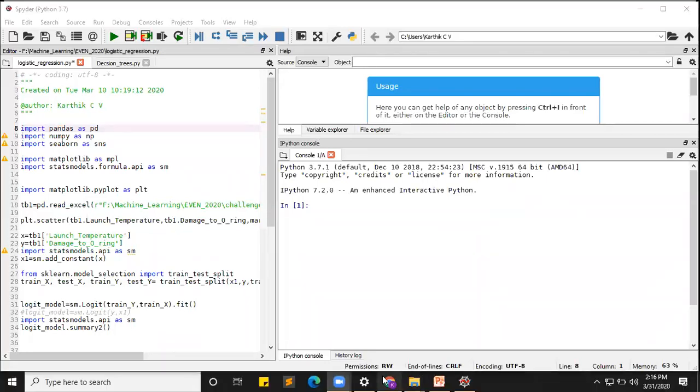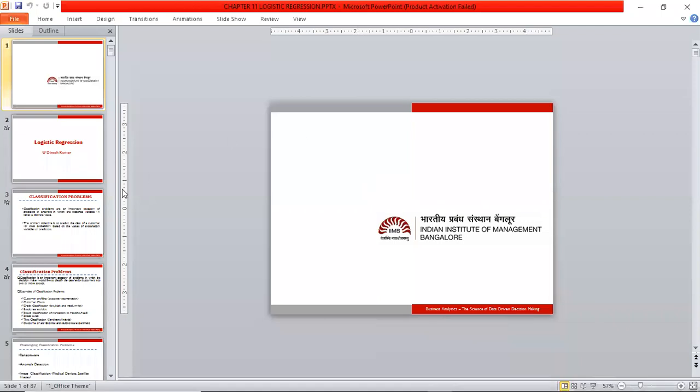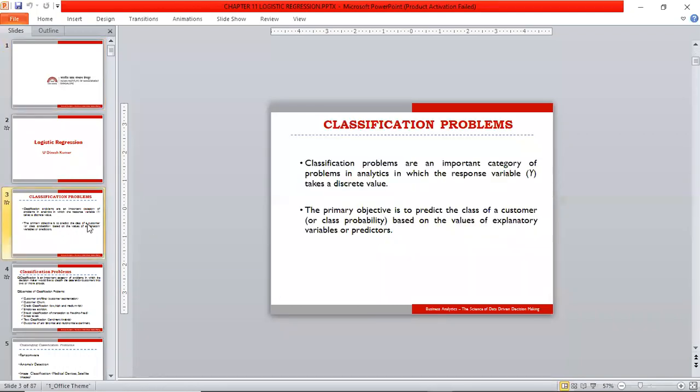Okay, today we'll be dealing with one of the algorithms called logistic regression. In the last class, we were doing multiple linear regression. Whenever my output is a continuous variable, we go for linear regression. Whenever I have output such as 1 and 0, some discrete output, we go for logistic regression.